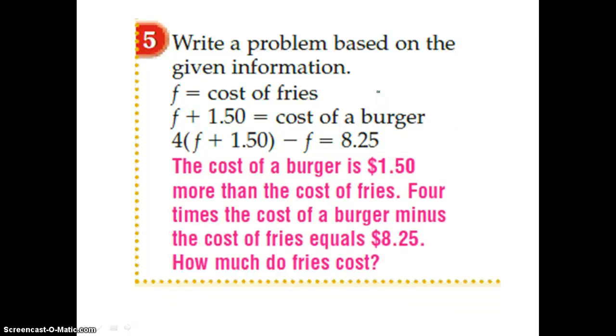Right, you should have had something along these lines. If the cost of a burger is $1.50 more than the cost of fries, 4 times the cost of a burger minus the cost of fries equals $8.25. How much do the fries cost?